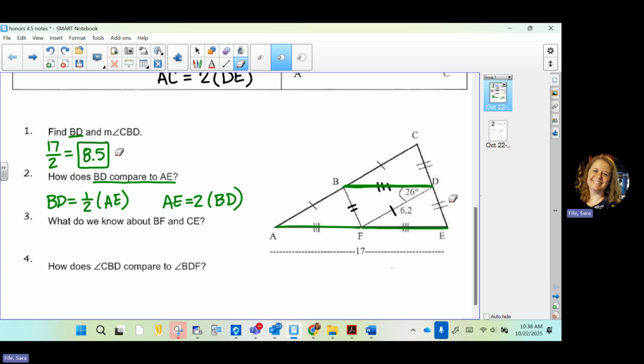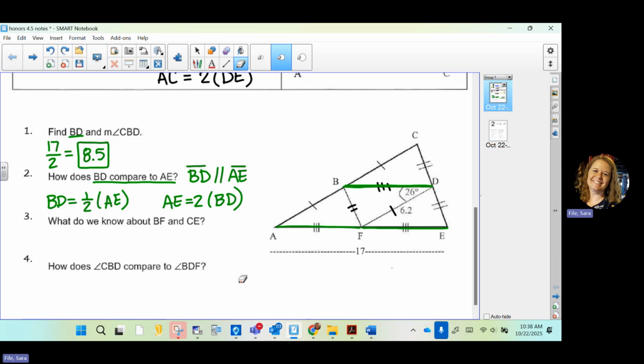Okay, so we can also say that BD is parallel to AE. Okay, and again, you can write all that in words. I wrote it in expressions like geometric language. You can write it in English if you prefer.